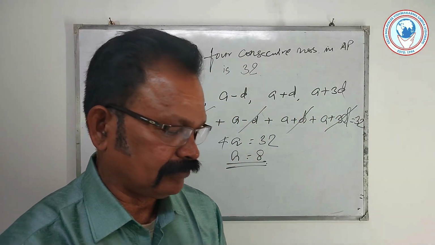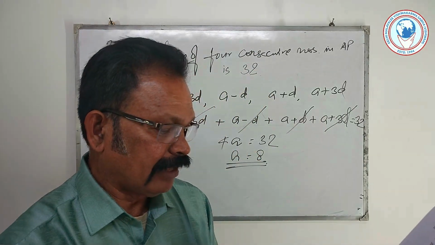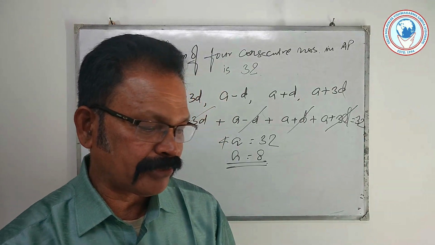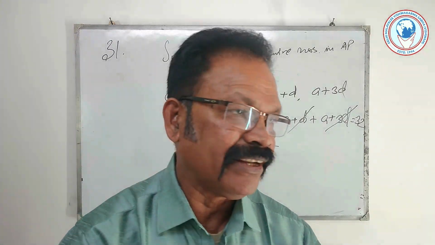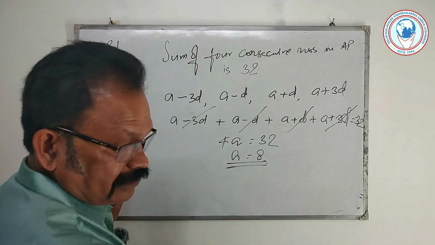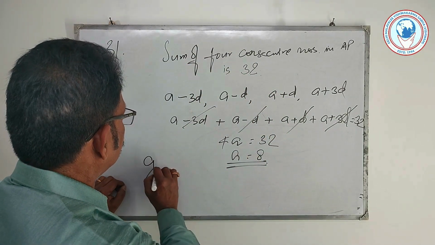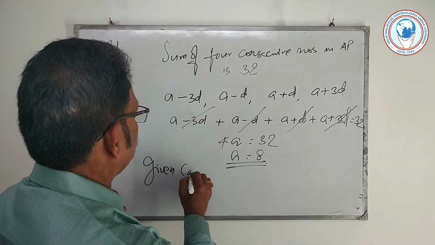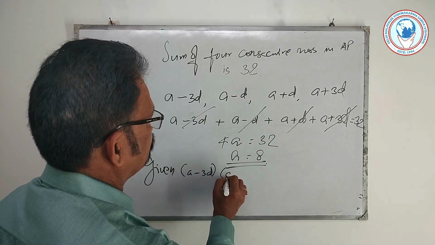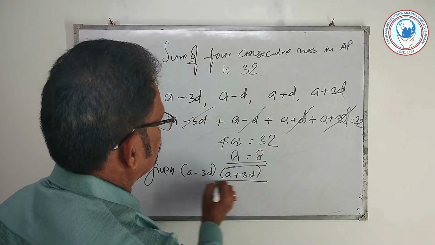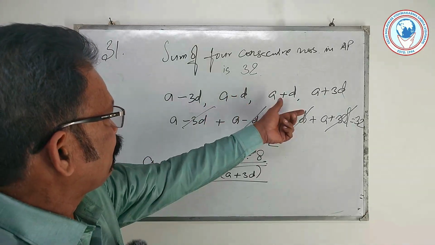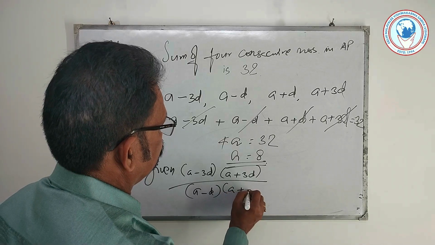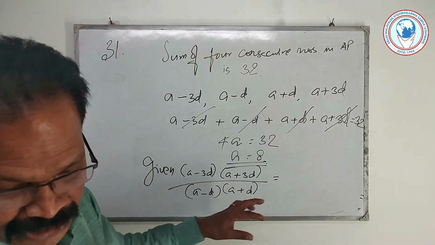For the purpose of calculating the value of d, it is given that the ratio of the product of the first term and last term to the product of the middle terms is 7:15. That is, given the product of first and last, a minus 3d into a plus 3d, divided by the middle terms, a minus d into a plus d, equals 7:15.